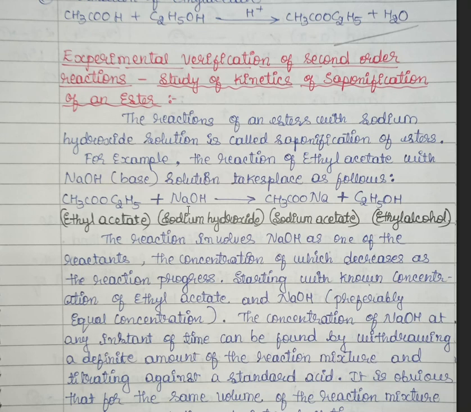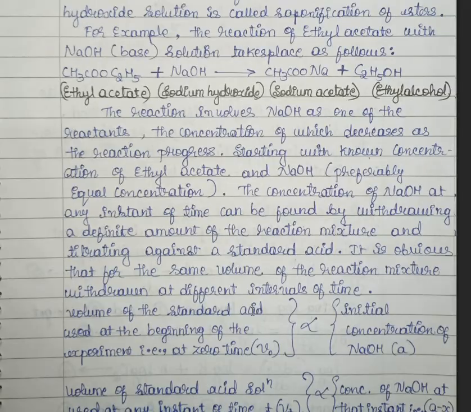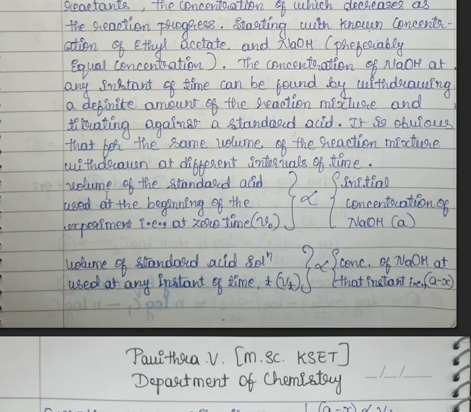The concentration of NaOH is determined by titrating the remaining NaOH in the reaction mixture against a standard acid. So we can write the volume of the standard acid used at the beginning of the experiment, at time t is equal to 0.